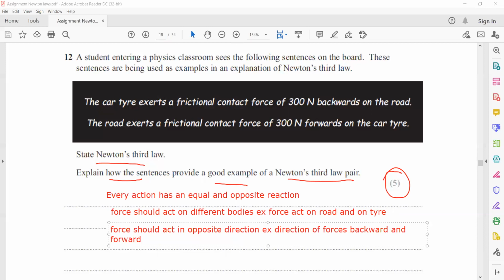Then another, you can see they should have the same magnitude. I should write forces, not force, because it's plural.